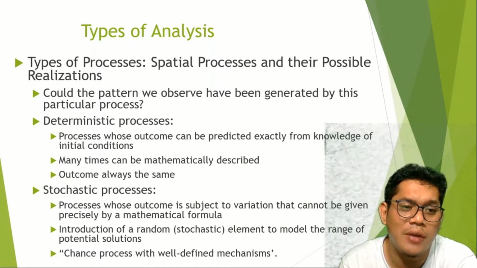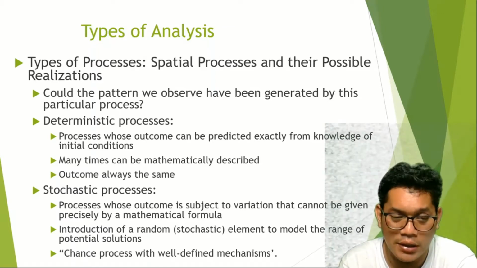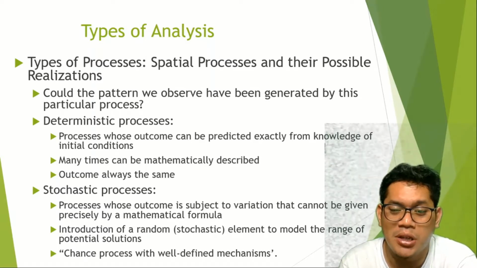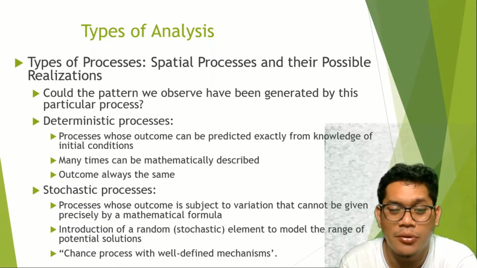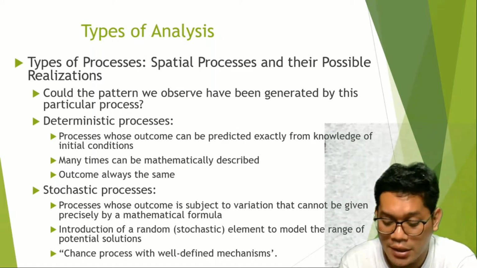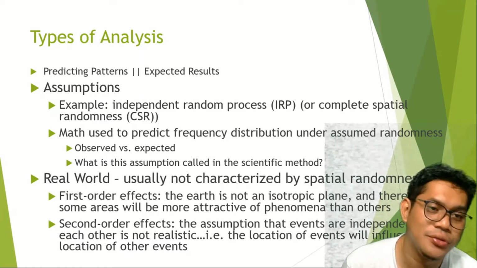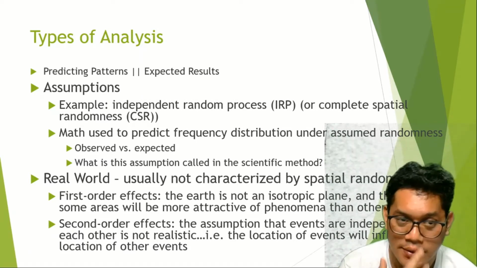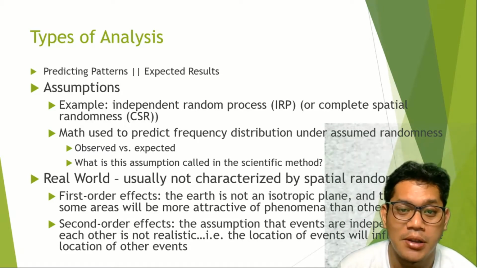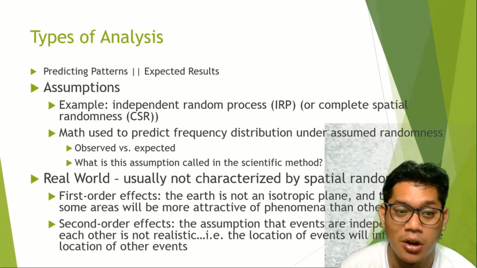Either you want deterministic processes, where the outcome can be predicted exactly from knowledge of the data input itself, or stochastic processes, where the outcome is subject to variation that cannot be given precisely by a mathematical formula, and can vary based on parameters and different variables. In order to come up with this, there are usually some assumptions, for example an independent random process or complete spatial randomness, to estimate the possibility of randomness of the points.